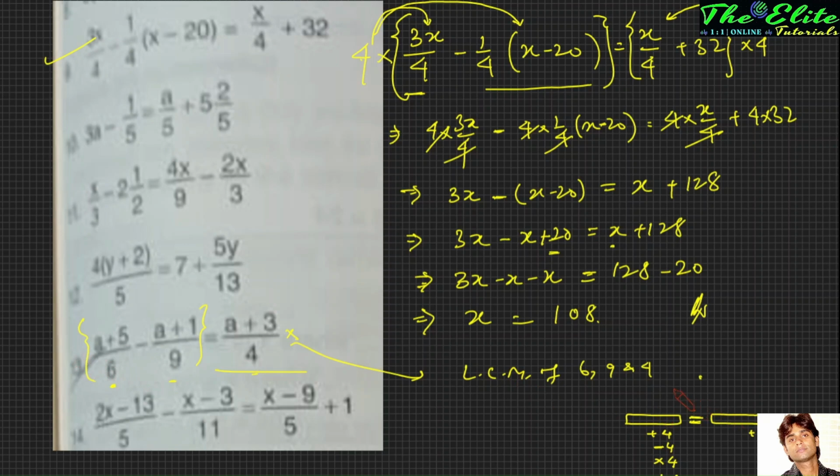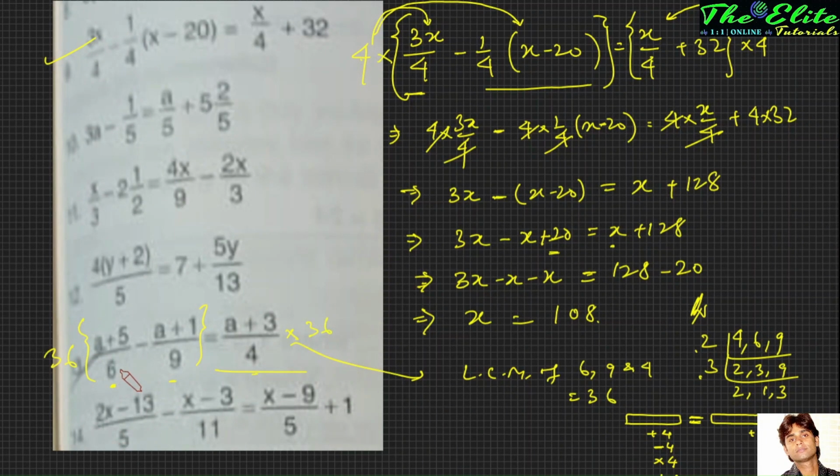What is this coming, by the way? Can you check? You know how to find the LCM. 4, 6, 9: 2 times 2, 2 times 3, then 9 and 3 times 3. So 2 3s are 6, and 6 6s are 36. So it is 36, by the way. So you will multiply this whole by 36 and this also by 36.